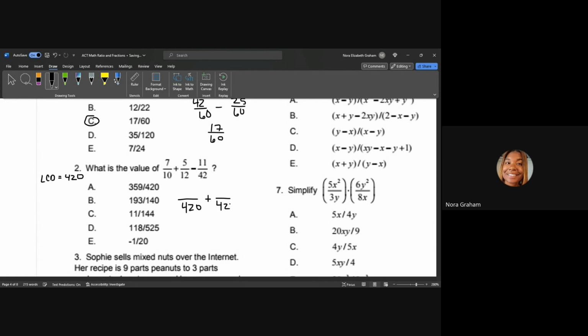Okay, I just finished writing this one out. All right, so to get to 420, I multiplied 10 by 42, which means I have to multiply my 7 by 42. So 42 times 7, that's going to give me 294.